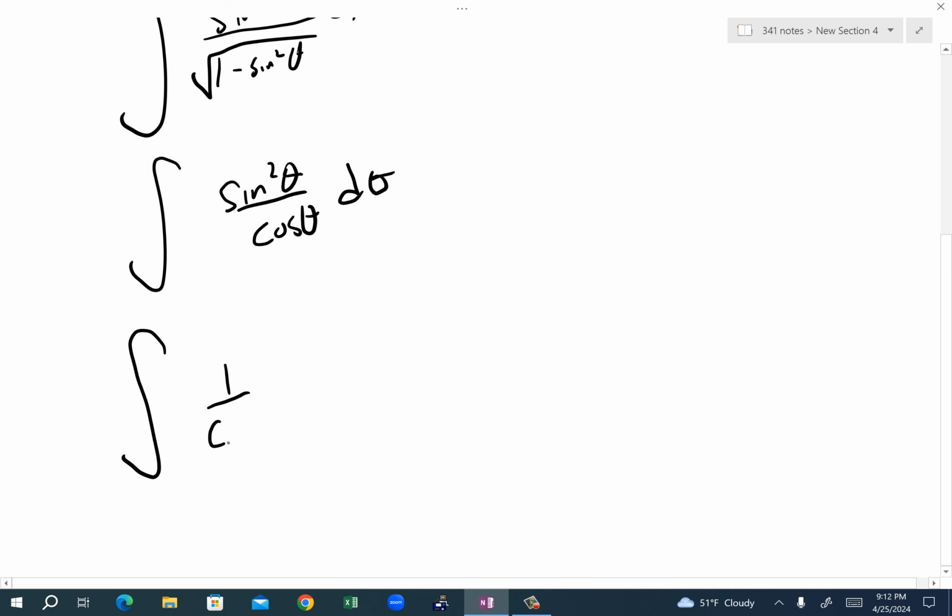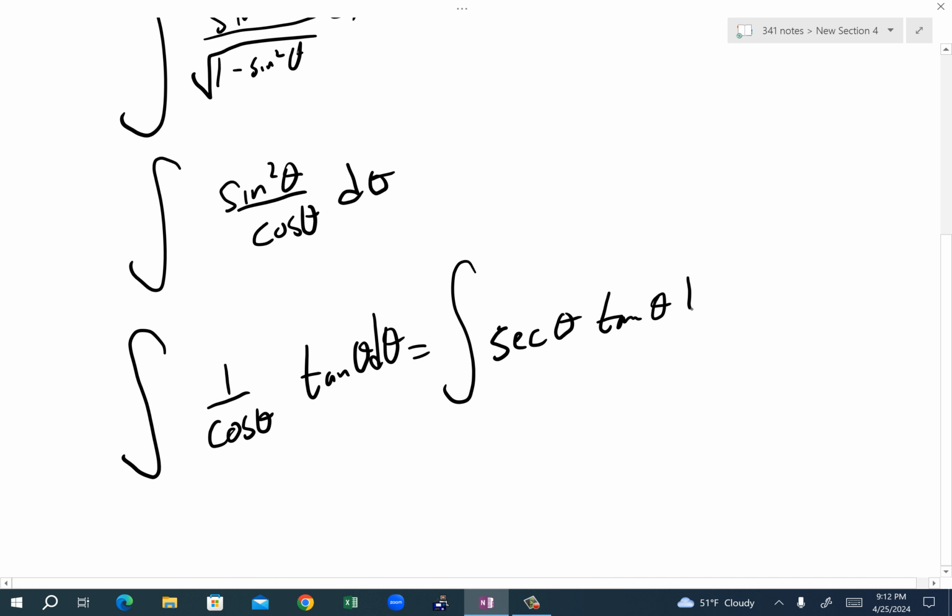That is 1 over cosine times tangent, or if you prefer, and I do, secant tangent. Hey, who is he the derivative of? Well, he's the derivative of secant theta. Ta-da!